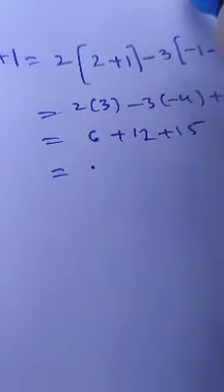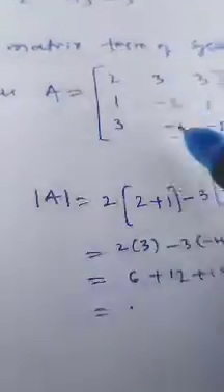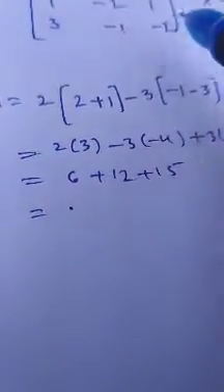Sorry, here I didn't do the minus 2 for this constant. Of 3, minus 1, minus 2, 3, 1, minus 2. So here 2 into minus 4 plus 4. So 5 into 2 is 10.